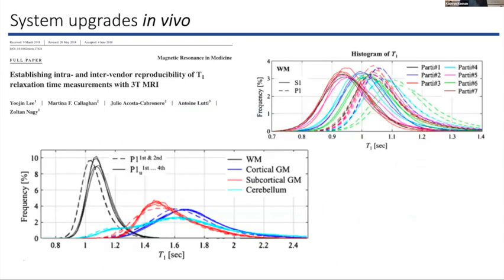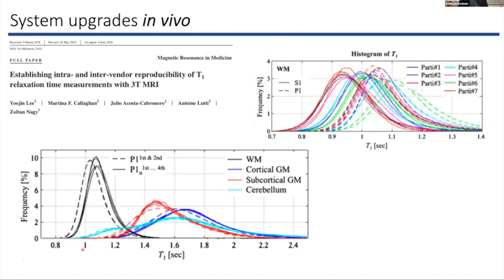We also should think about system upgrades. It's everybody's favorite, I know, for software and hardware upgrades. So in this paper by Lee, they actually had a system that underwent an upgrade. And so the dashed line is the pre-upgrade, and the solid is the post-upgrade measurement.